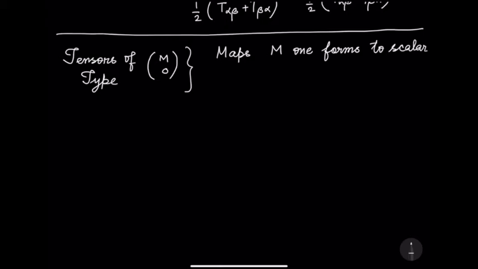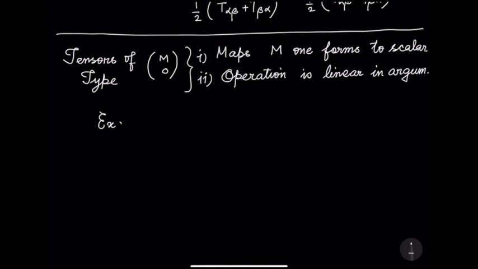Or let us still write it down, that the operation is linear in its arguments. Okay, so what are the examples of this? Well, the obvious example is that of a vector.